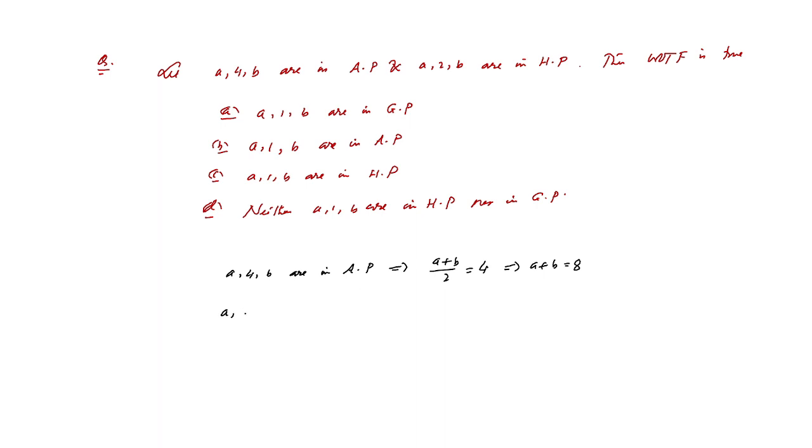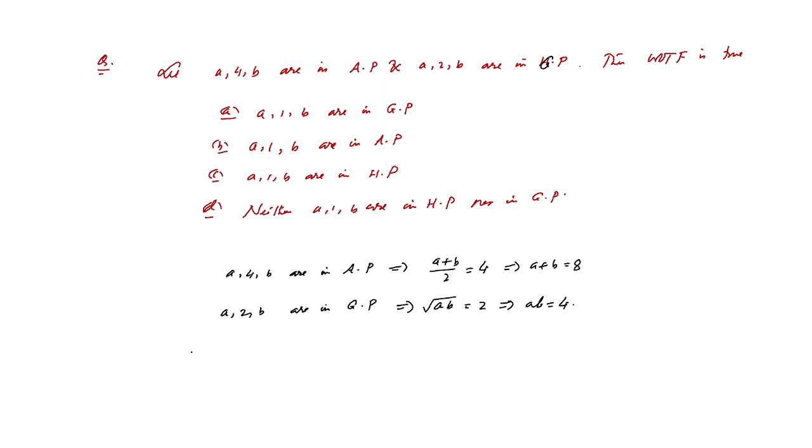Similarly, a, 2, b are in GP, which exactly means root under ab equals 2. So obviously you can write ab equals 4. Now we have to check in which form a, 1, b is, whether GP, AP or HP, that we need to calculate.